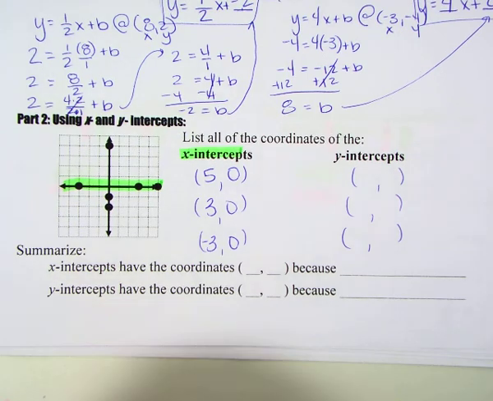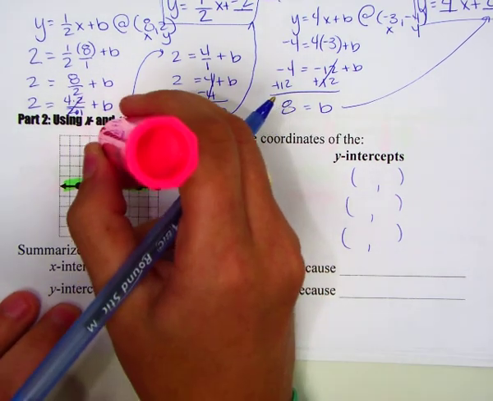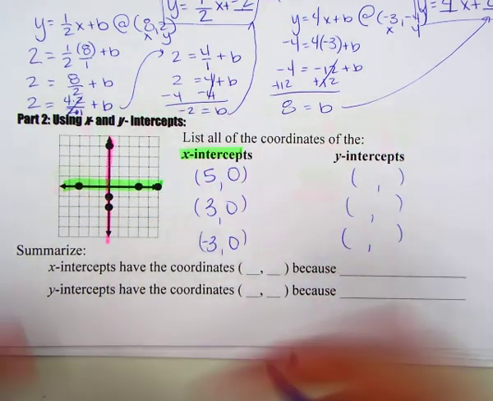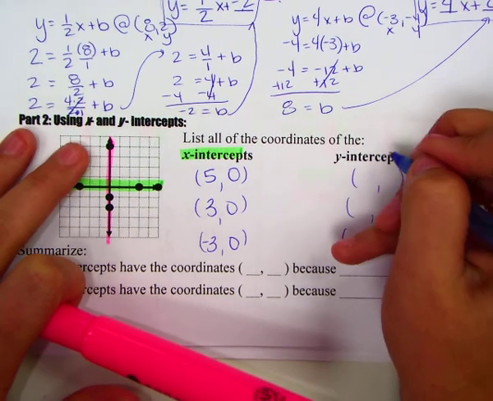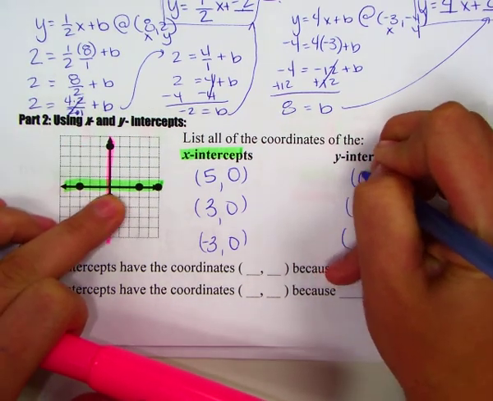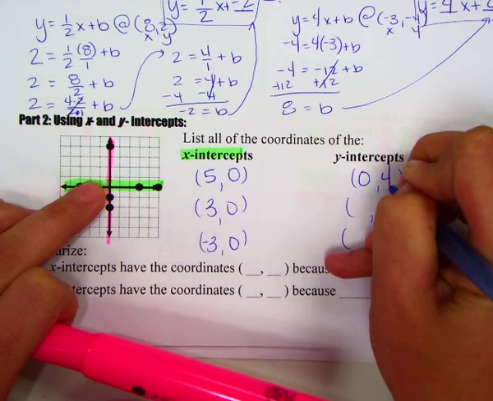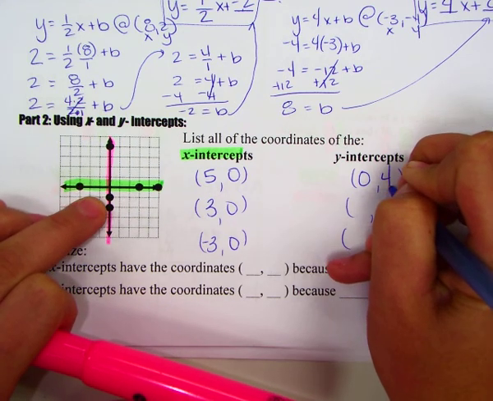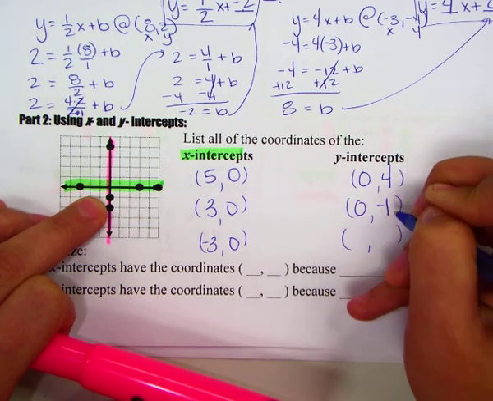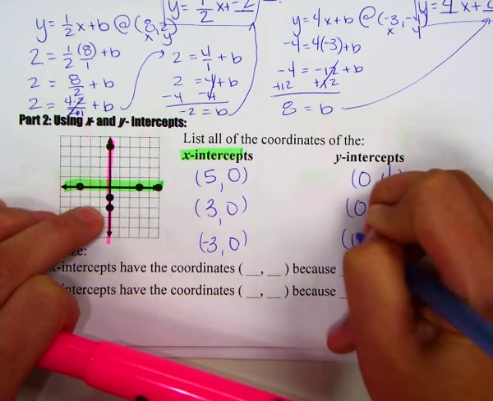For my y-intercept, those are points that intercept the y-axis. So this is the point. I'm going to go left or right 0, and then up 4. Left or right 0, down 1. Left or right 0, down 2.